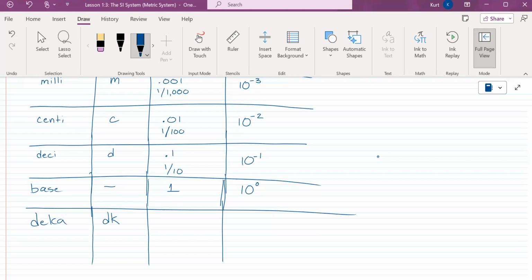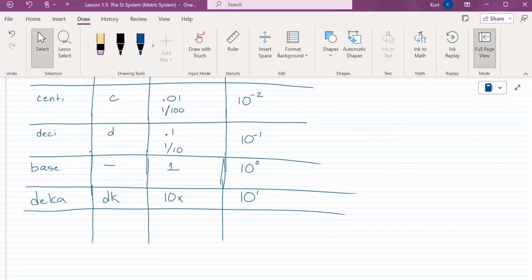Deci is taken. D for deci is taken. This is going to be 10 times, or 10 to the 1. How many meters fit in a decameter? 10. 10 meters fit in 1 decameter.